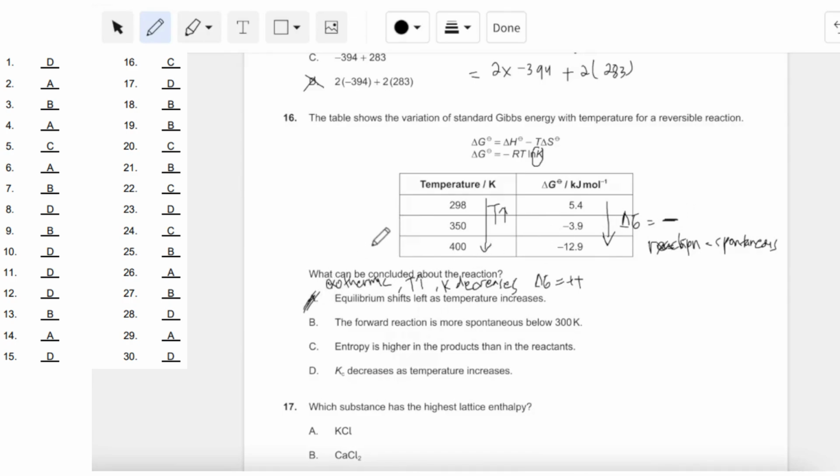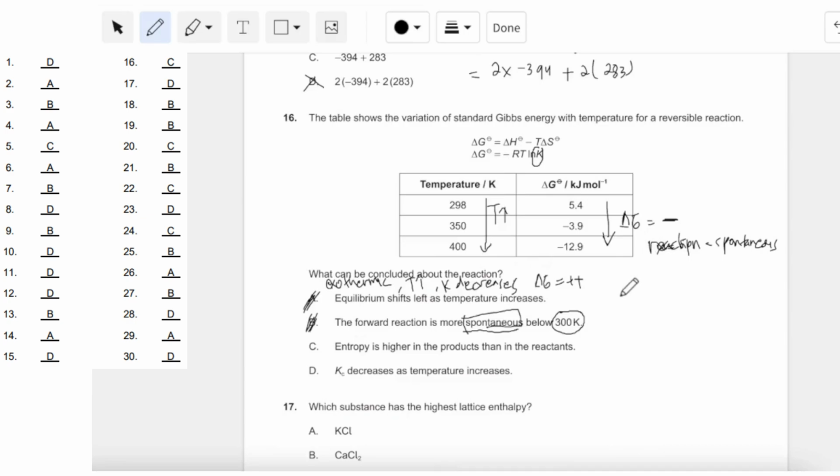And then what about B? B says below 300K, but it mentioned more spontaneous. Obviously, if the temperature is low, delta G becomes more positive, and if delta G becomes more positive, it obviously cannot be spontaneous. It should be non-spontaneous. So B also cannot be the answer. Then for C, entropy is higher in the products than in the reactants.